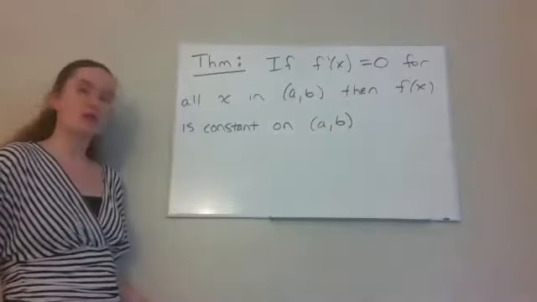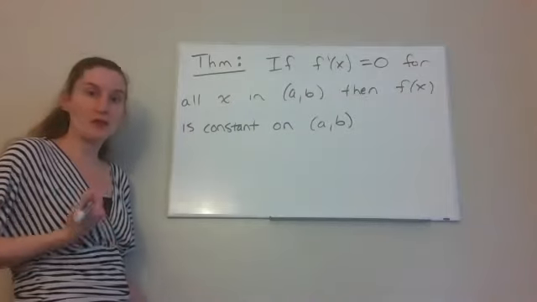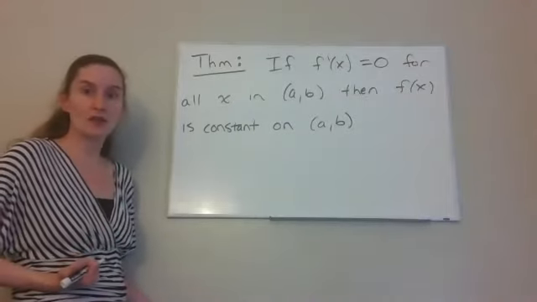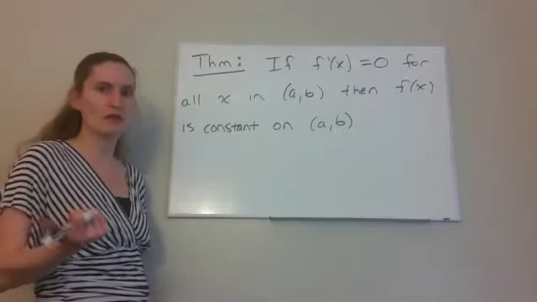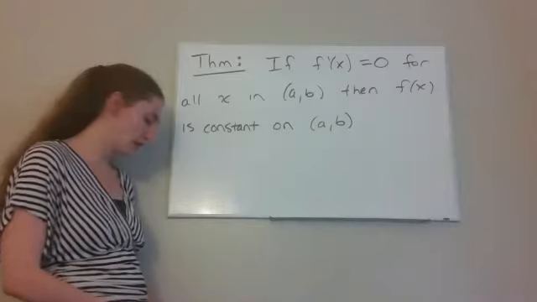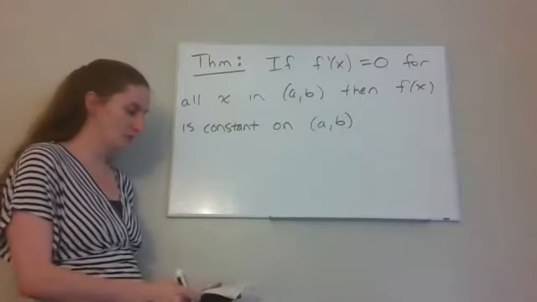So if you know that the derivative is always 0 on an interval, then the function is constant on that interval. That kind of makes sense because we already know the derivative of a constant is 0. So this logically makes sense. And this follows from the mean value theorem.